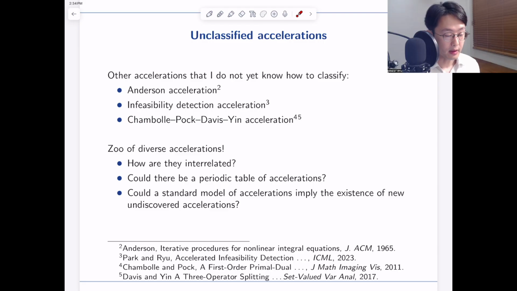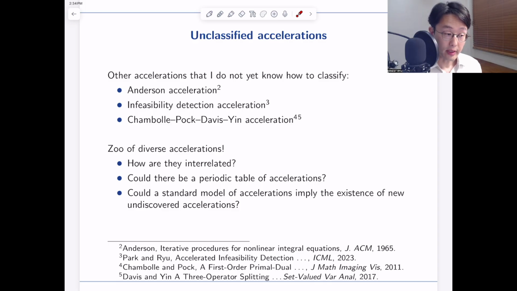And now that we have a diverse zoo of accelerations, as a mathematician, I want to ask, are they interrelated? They should be. I hope they are. It would be disappointing if we have a collection of completely unrelated things. I mean, they look different, but they have components that feel related, and I hope they are related in an interesting and useful way.